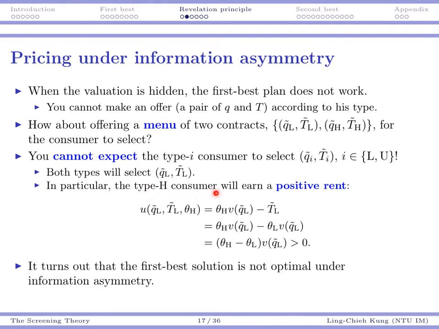So as a type H consumer, you are earning a positive rent or a positive utility by choosing the low type offer. So this tells us that this is not going to really give us the first best outcome, the first best profit. And it turns out that this particular solution is also not optimal under information asymmetry. So anyway, this strategy will simply fail.